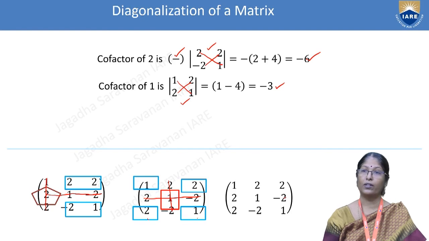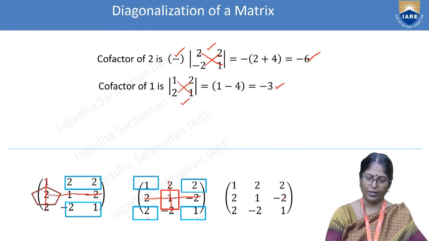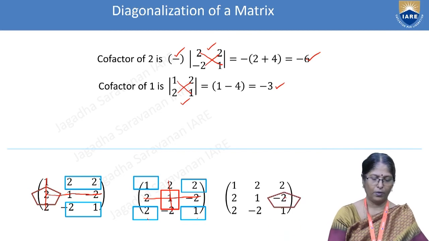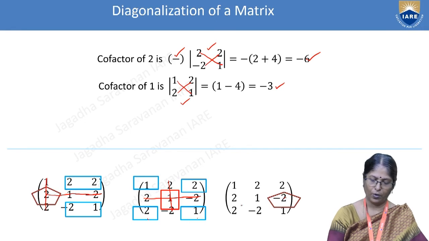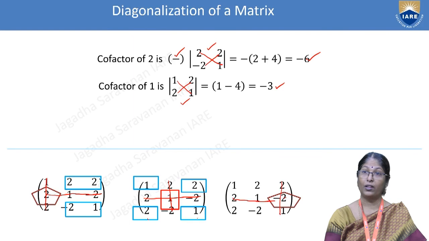Here the leftover in the second row is the third element. It's very simple. Negative, positive, this position is negative. This particular row is not required, and the column is balanced. We will do the cross multiplication.